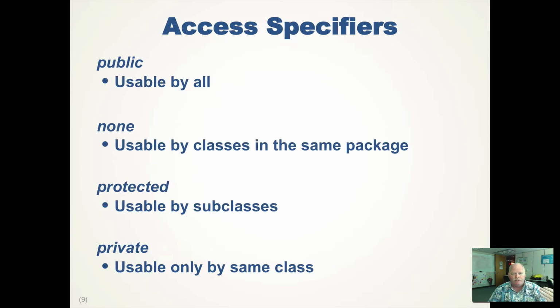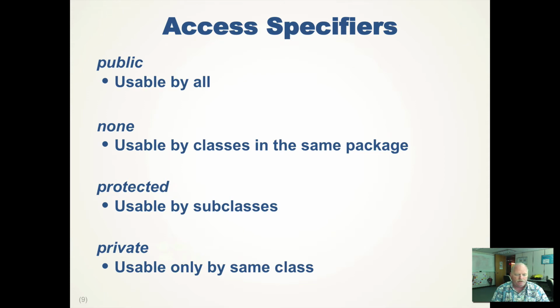Now, when we did this, that raises an additional access specifier. We previously talked about public, none, and private. There's a new access level that's just for subclasses, and it's called protected. So if you make your member variable protected, it's usable only by that class and any subclass of your class.